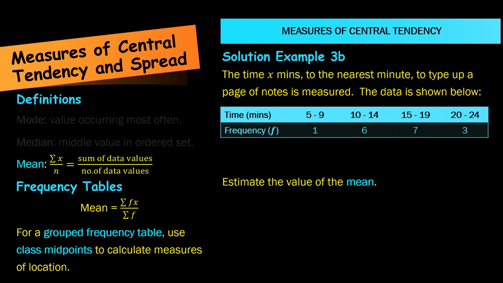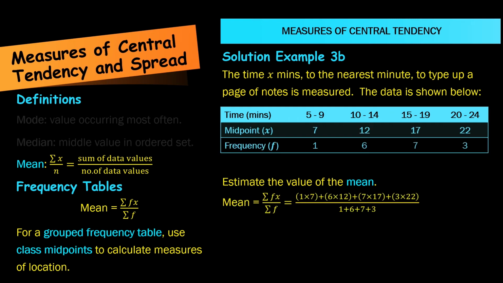Now let's estimate the mean. We need to use the midpoints of each class. So the midpoint of the first class is 7. So when we calculate sum fx, we need to write 1 times 7, or 7 times 1. And for the second class, the midpoint is 12. So fx is 6 times 12.